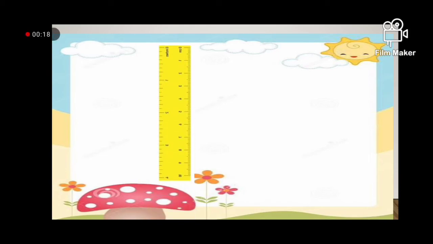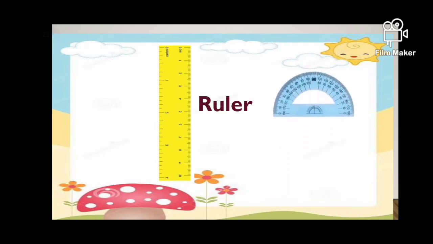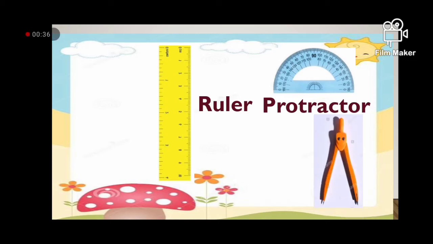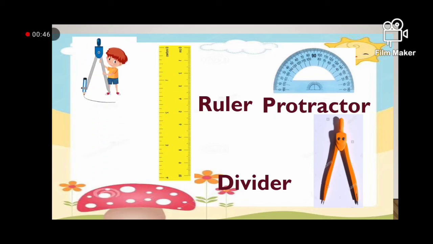First, what is this? This is a ruler. Now let's see this tool. This is called a protractor. What is this? This is a divider. With the help of this instrument, we draw a special type of shape.